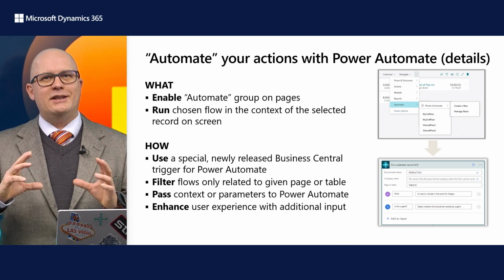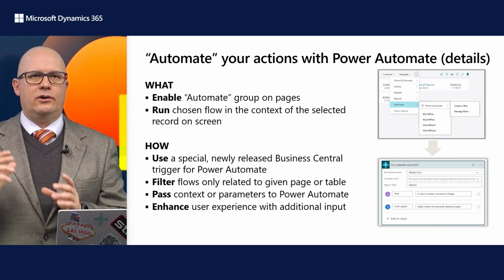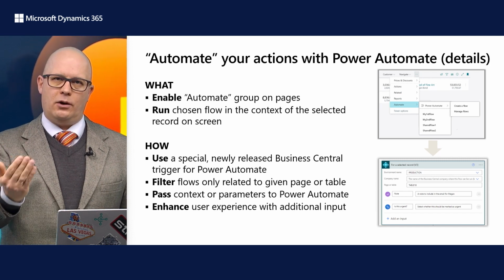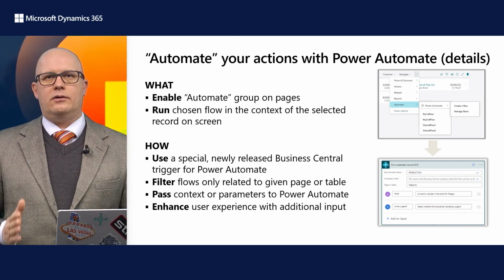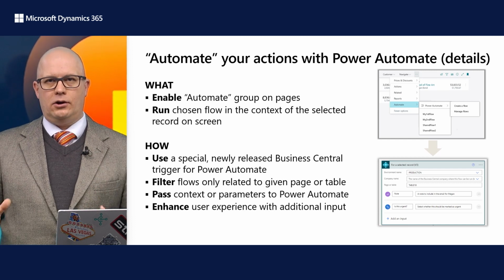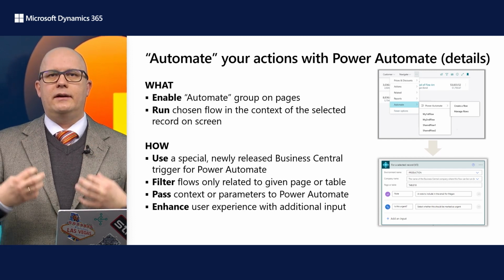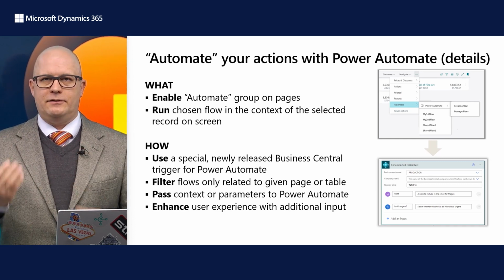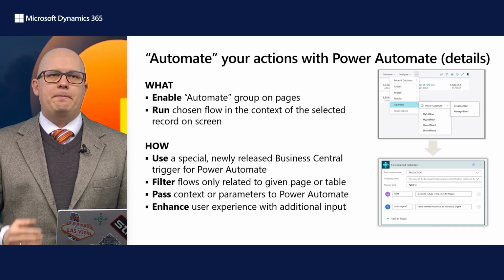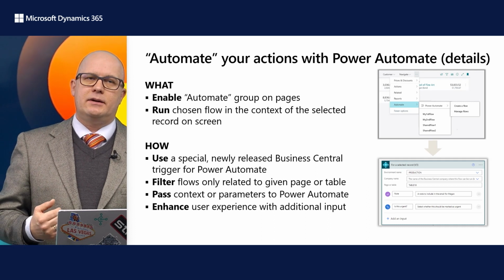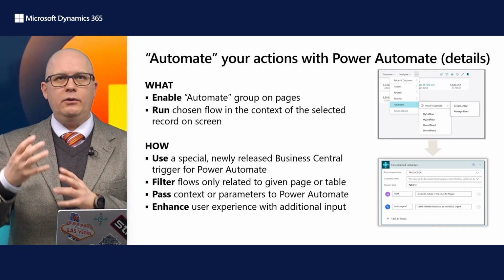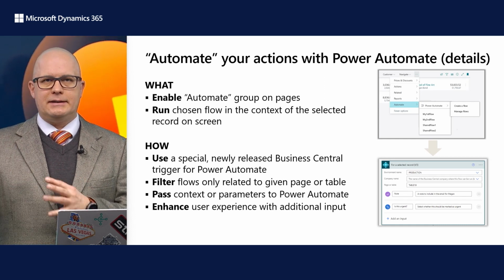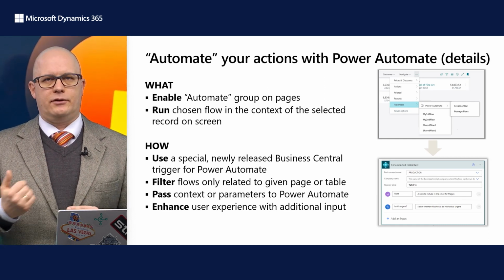Then Business Central passes some additional context and parameters to Power Automate when the flow is run. So in the code of your flow, you can consume those parameters and provide specific business logic. And then you can also enhance your Power Automate flow with some additional user experience or some additional input from the user.